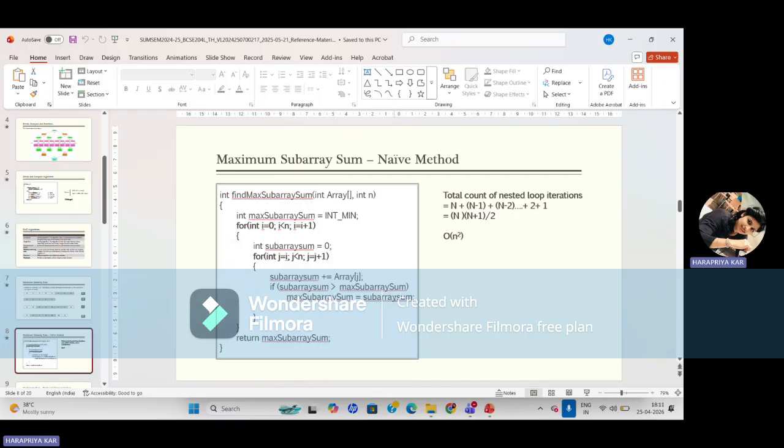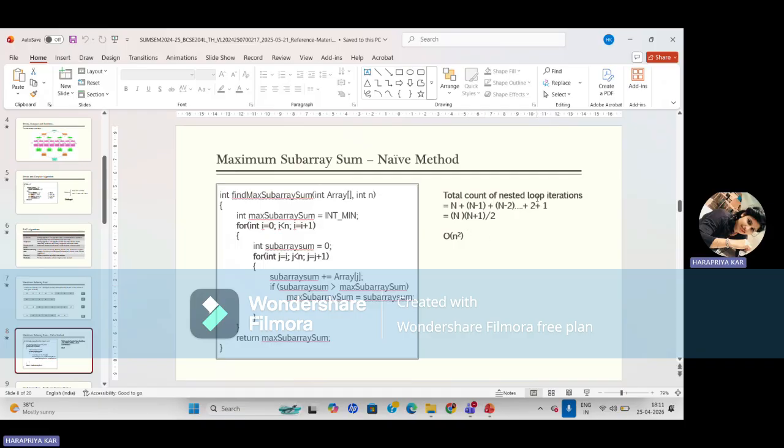So what is the time complexity? The time complexity is big O of n square. When we solve it with divide and conquer, the time complexity is big O of n log n, but the naive method consumes more time. The total count of nested loop iterations is n plus n minus 1 plus n minus 2 plus and so on down to 2 plus 1, which is n into n plus 1 by 2.